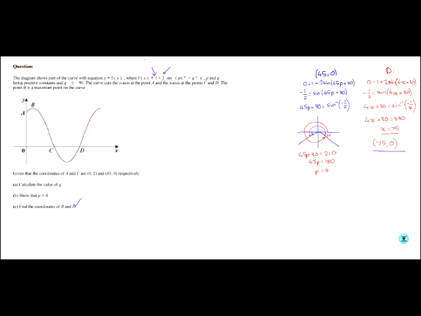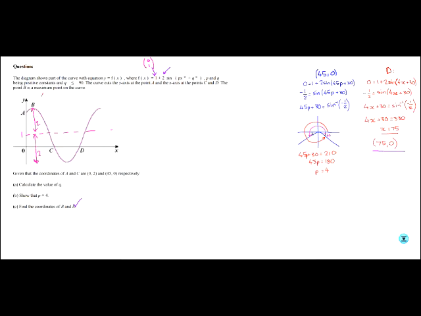This 1 here means the center point here is 1. We know this 2 means that's a stretch in the y direction, so the amplitude of this graph is now 2. So from this center, it's going up 2 and it's going down 2.